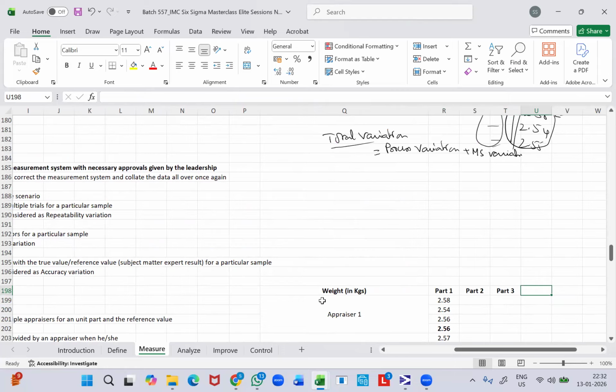So I think yesterday or a couple of days back, I would have told you that for a meaningful statistical analysis, we need to have a minimum of 30 sample data points, but there are exceptions for certain statistical concepts. And this is one such concept where we have an exception with regard to the requirement of the sample units, right? So it's enough if you have just 10 sample units considered for this exercise. So for discrete data measurement system analysis, I told you we need to have a minimum of 30 sample units.